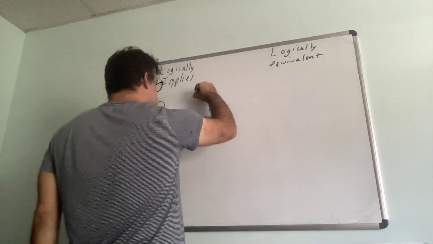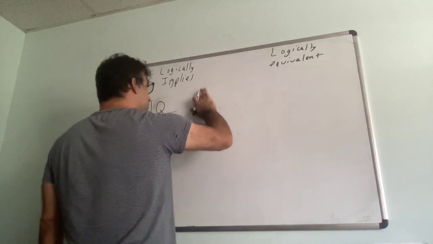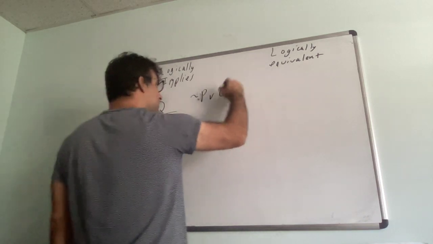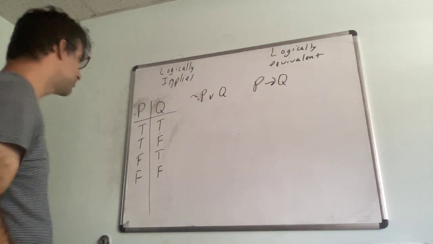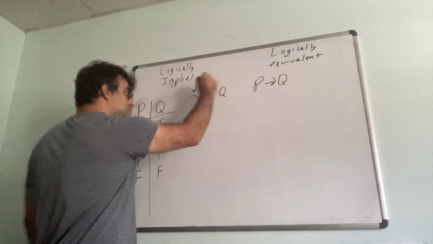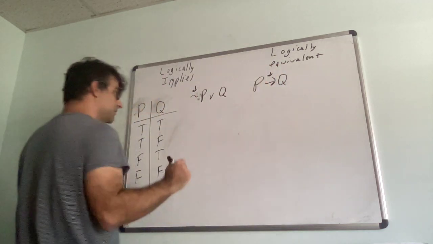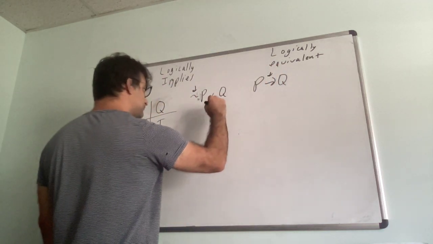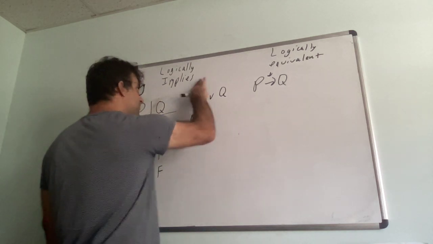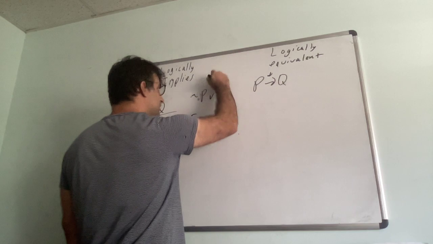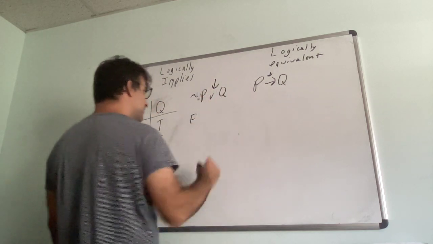Okay. Let's look at not P or Q with P arrow Q. Not P or Q, P arrow Q. Main connector. Right, so we get not P goes false. Oh, sorry, I put the main connector incorrectly. This is the main connector. Sorry.